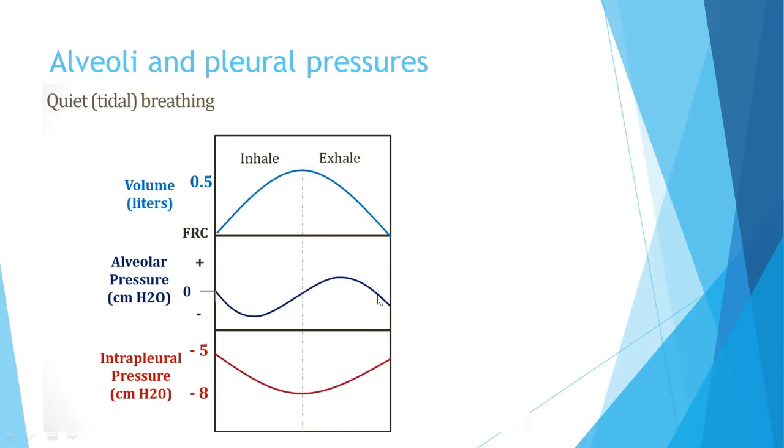That's how the air escapes out of the alveoli. And again, while inhalation, the intrapleural pressure becomes more negative, and in the exhalation phase, the intrapleural pressure becomes less negative. One thing you need to always consider is that the intrapleural pressure is always negative. It is never positive under normal circumstances.